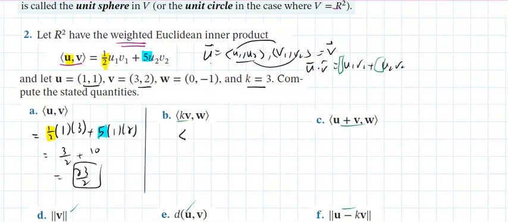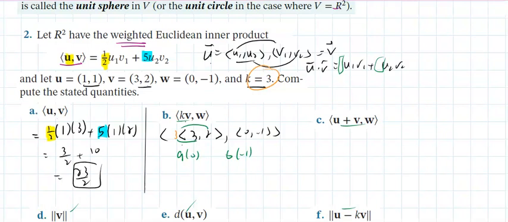And here, if you take K V, well, let's make sure we get that as well. K in this case is a 3. K V dotted with W. Well, K is a 3, wouldn't that be 9 and 6?